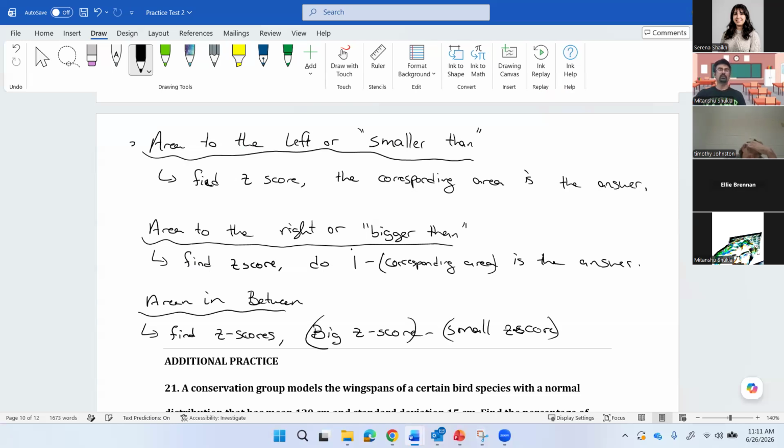Okay, so these are the three different ways that they can ask you to answer the normally distributed curve question. Any questions, any comments, any concerns? We feel okay?